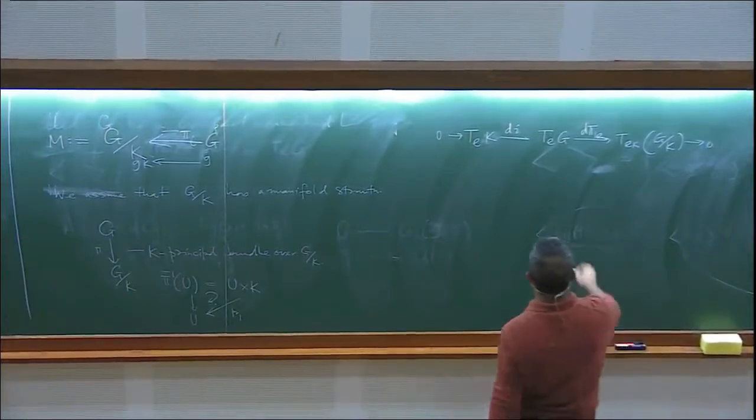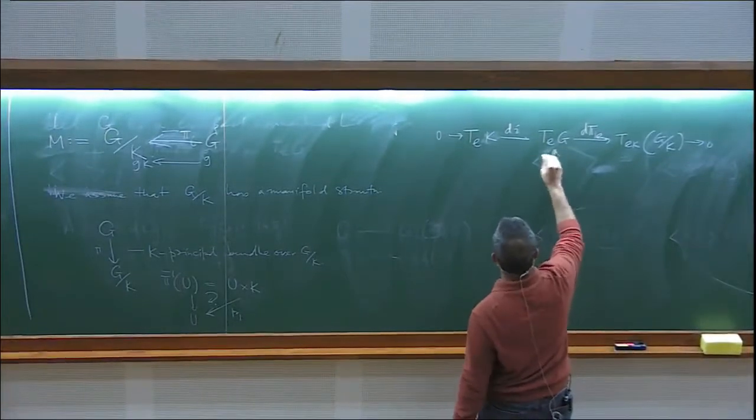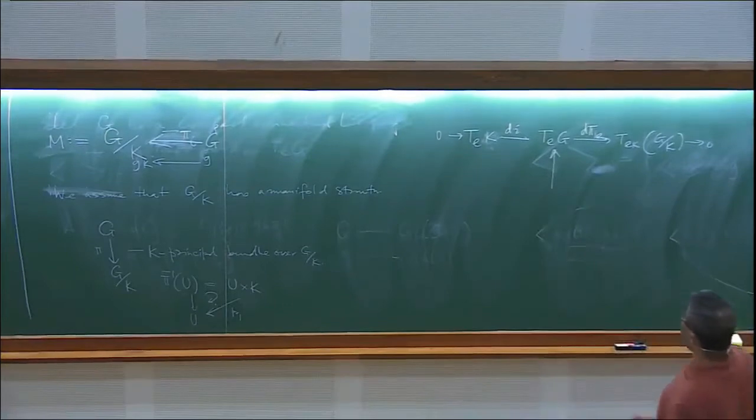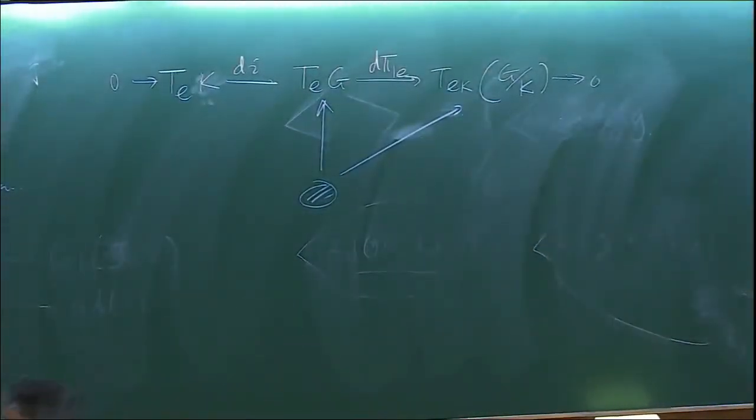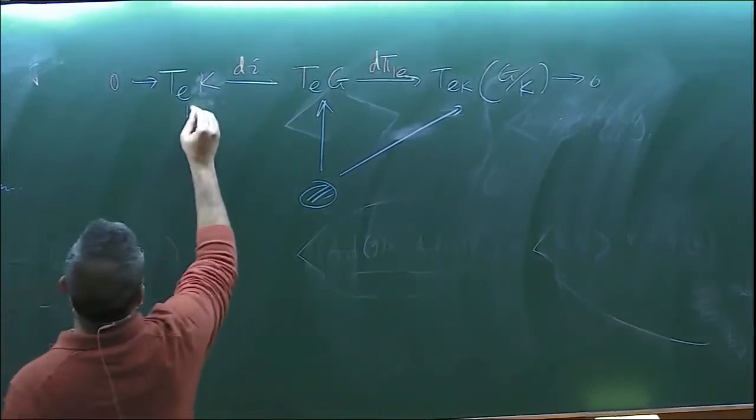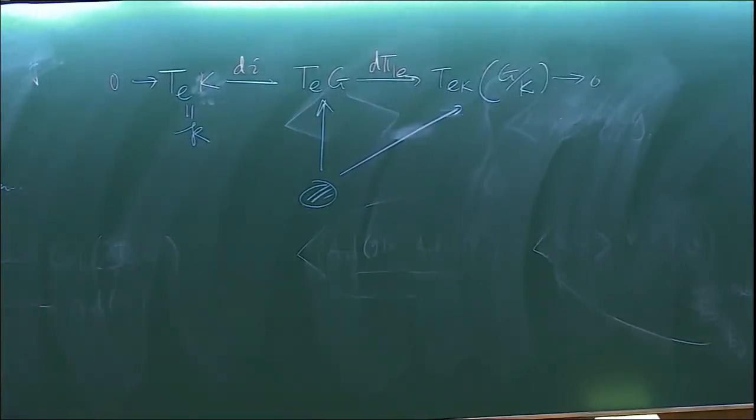So if I take any complement of T_eK inside T_eG, let's say any complement, this is going to give me an isomorphism of vector spaces. So my K is T_eK here, and my P is a complement.